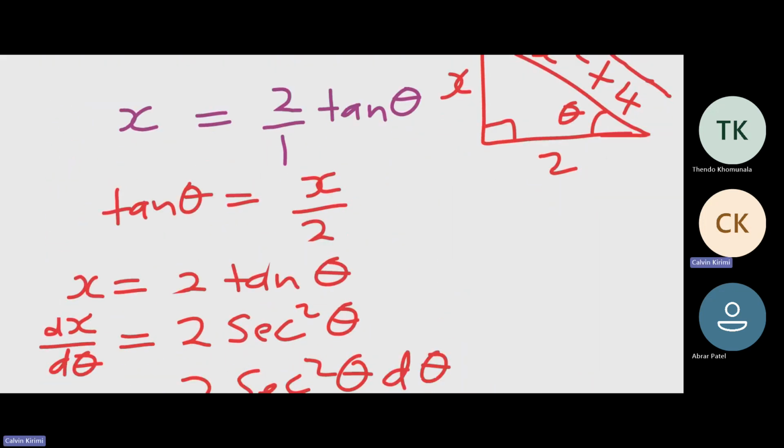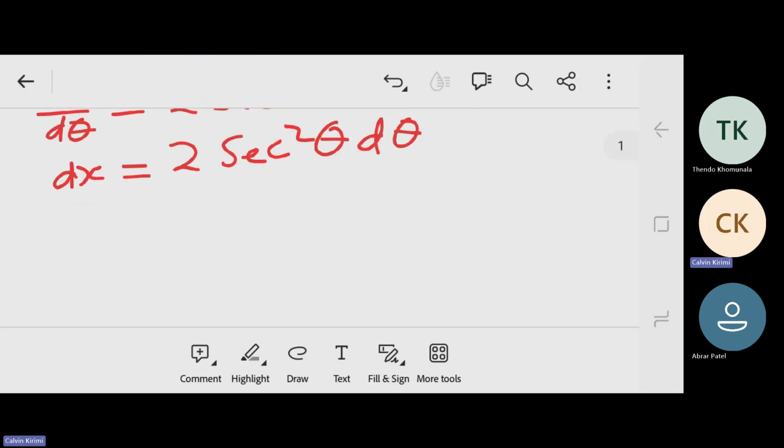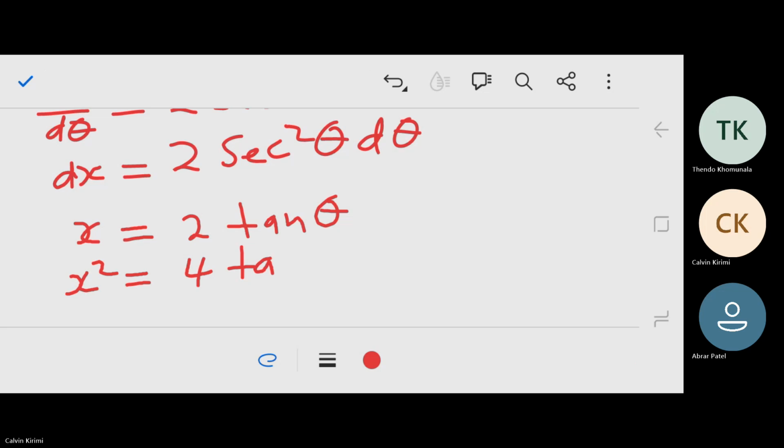So let's move on. We have dx now. Now we want to know what x squared is in terms of theta. So we write that our x equals 2 tan theta, which implies that x squared is equal to 2 squared, which is 4, tan squared theta.